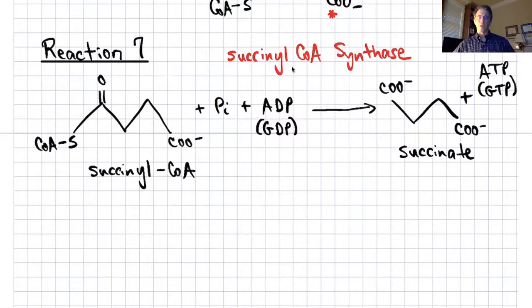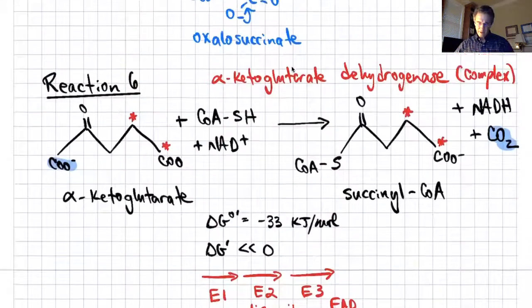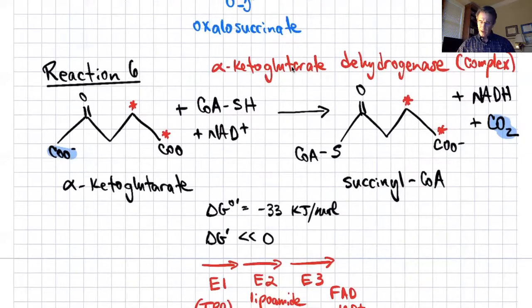Okay. If you look at this reaction, what did we do just upstream of this, right? We ran an oxidative decarboxylation. We ran an oxidation reaction using NAD to make a high energy thioester bond, right? Kicked off a CO2 in this case, didn't have an aldehyde, but used that oxidation reaction to make that high energy thioester bond right here, right?